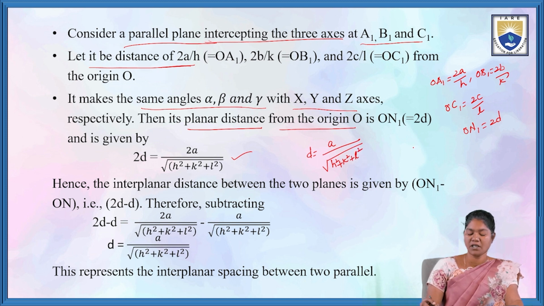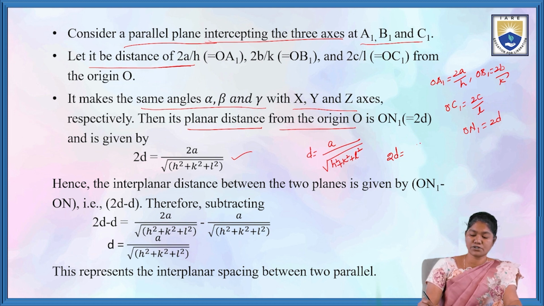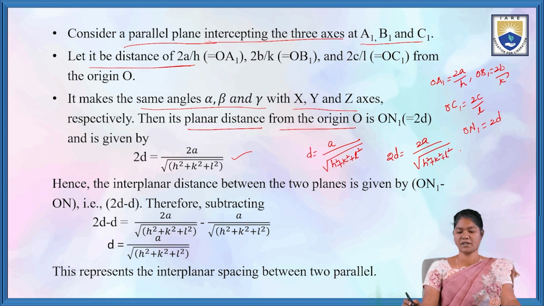Like the same, here also, when we are taking 2D distance for the second plane, A1, B1 and C1, 2D is equal to 2a by root of h square plus k square plus l square.